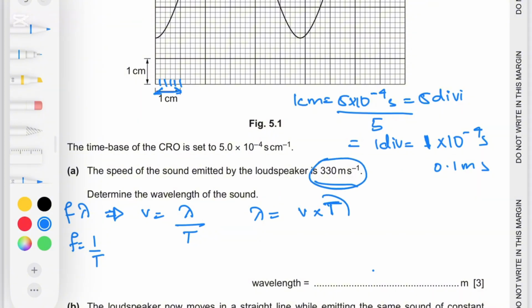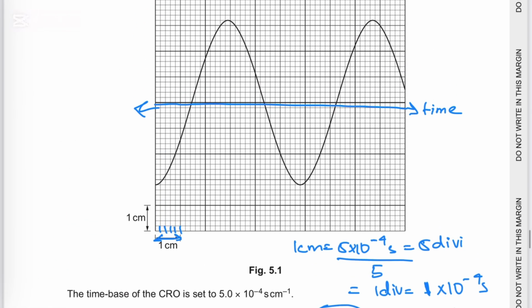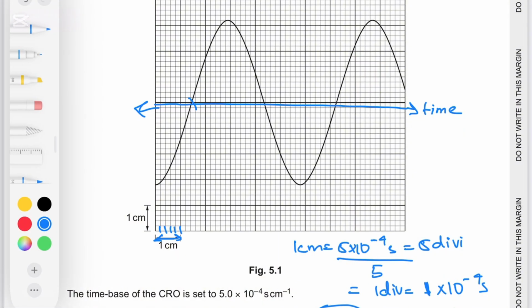You need to find out the time period, or the time it takes for one complete oscillation, and you can use the CRO to do that. You can pick any 2 points, the initial and the final one. Let's say that I pick this point over here and then this one over here. Let's count the number of divisions between them. First off, you have 1, 2, 3, 4 and 5 centimeters, and aside from that you also have this unit over here, and then that's 1, 2, 3 and almost 4.